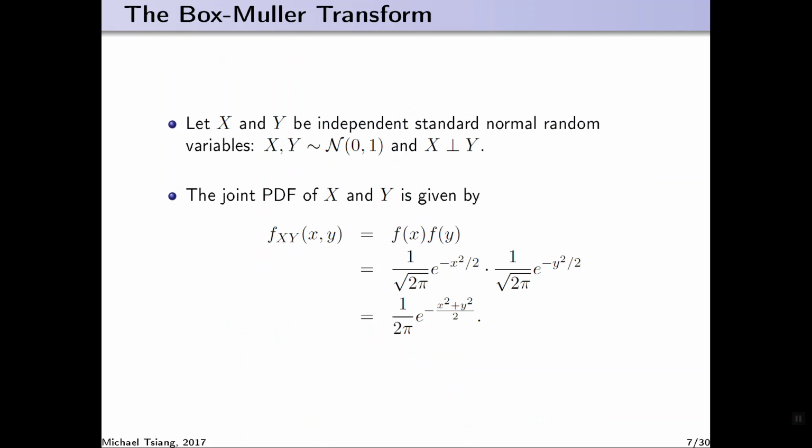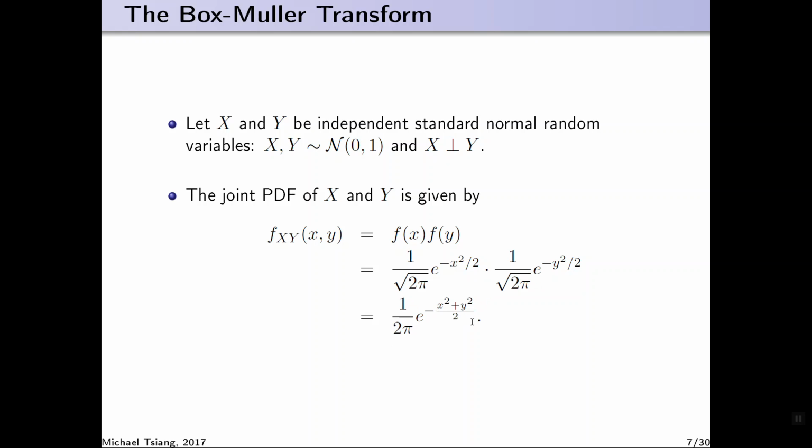So the PDF of the joint distribution is just going to be the product of f of x times f of y. And so we just take the standard normal PDF for x and multiply that by the PDF of the standard normal for y. Okay, and so when we multiply this together, we get 1 over 2 pi e raised to the negative x squared plus y squared over 2. Okay, so this is the joint distribution of x and y.